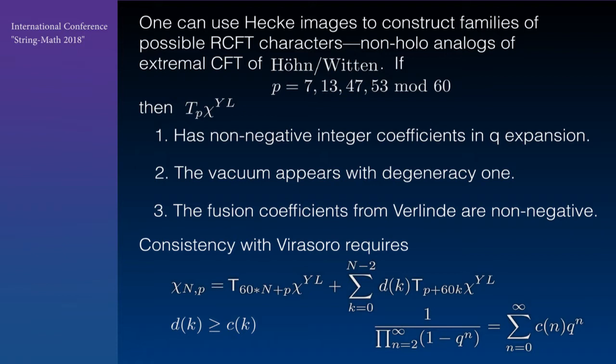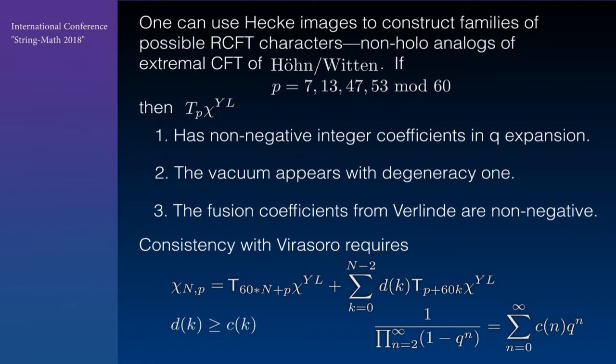But instead of the theory factorizing holomorphically, it's some finite sum of terms, so it's a rational conformal field theory. For example, if you start with the Yang-Lee model and take a prime p which is 7, 13, 47, or 53 mod 60, then the Hecke images satisfy everything that you would like for the characters of a rational conformal field theory.